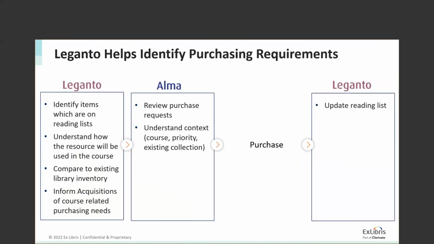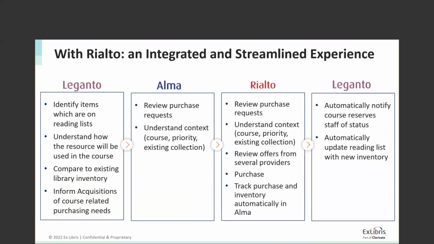But for those of you who subscribe to Rialto, you'll remember this slide from before where I said the purchasing happens somewhere. If you have Rialto, the purchasing can actually happen in Rialto, which is inside of Alma. So it can help close this loop because the ordering is now completely integrated into Alma and the information is shared across the system.